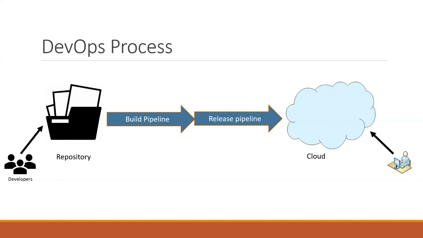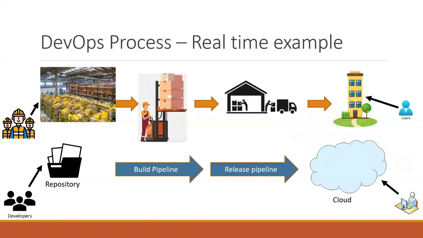Let us try to understand it in a more user-friendly way. We can compare this DevOps process with the normal manufacturing process. In a warehouse, the things are kept, even some of the components. Suppose a manufacturing company is manufacturing an AC, so all the components will be in some warehouse.